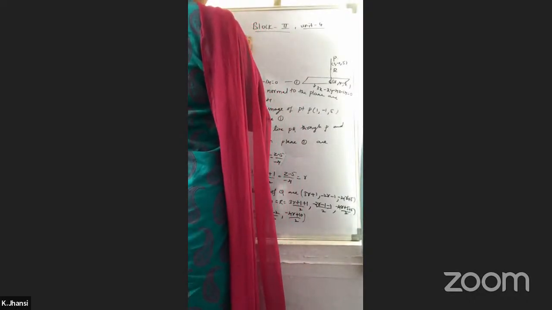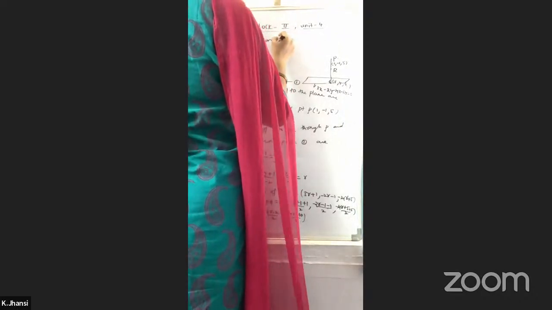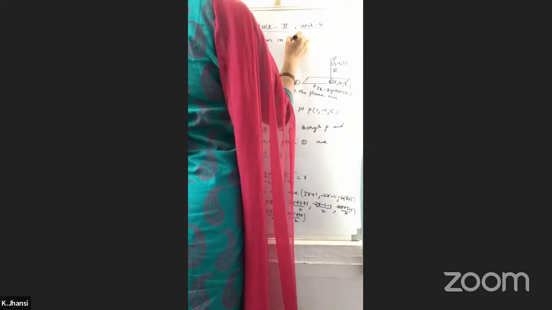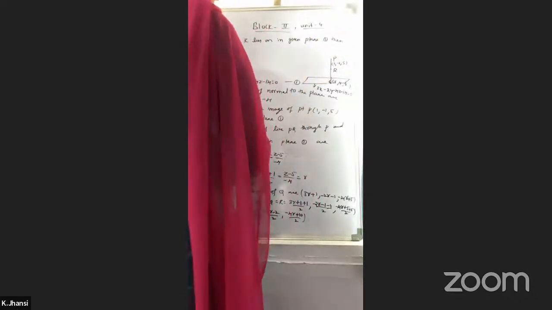If R lies in the given plane, then the plane is what?